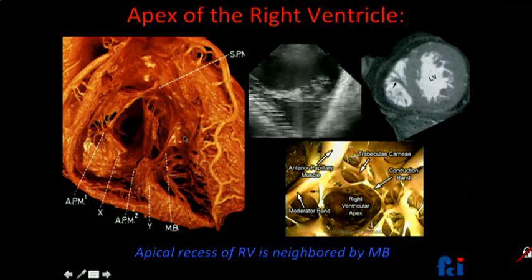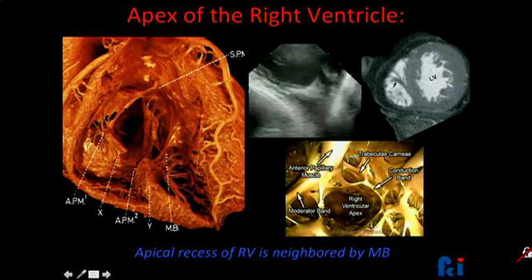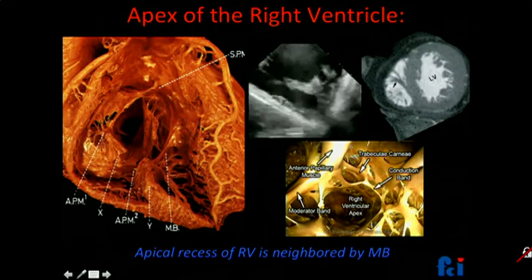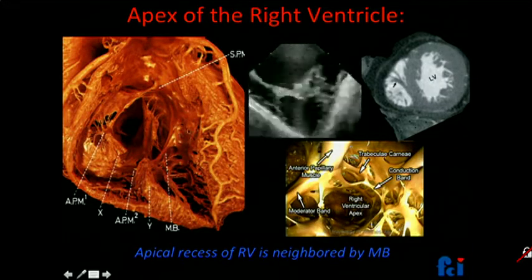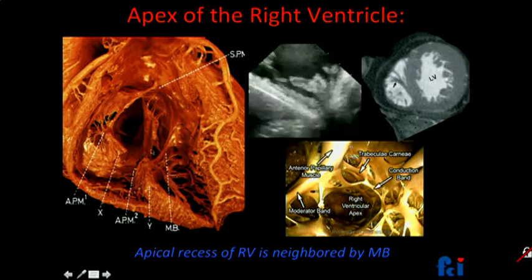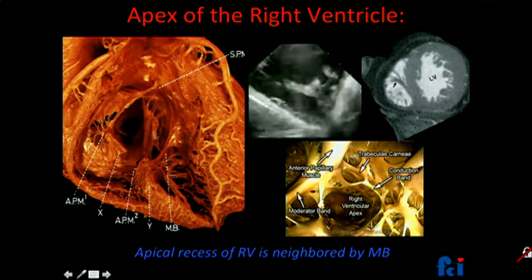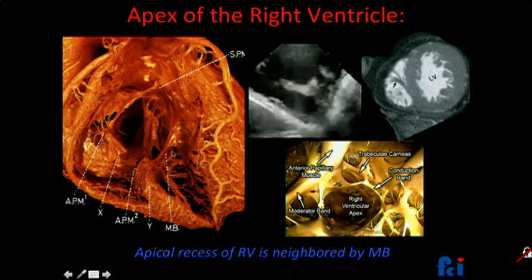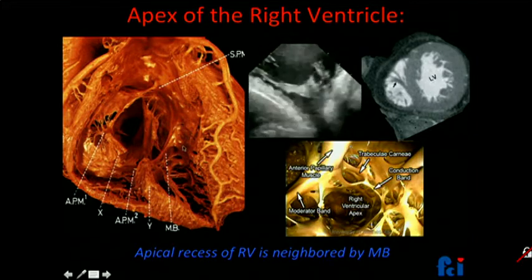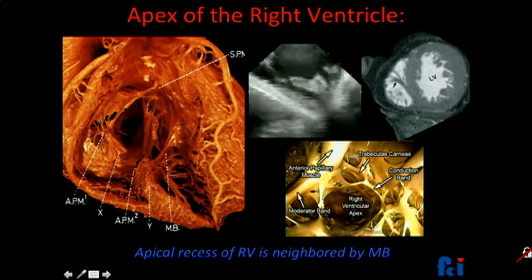It is important to recognize also that the tip of the right ventricle, its important neighboring structure that we need to remember, is the moderator band, as you can see here. And in fact, it is the one which many times prevents us from passing electrodes or catheters to the true tip of the right ventricle.